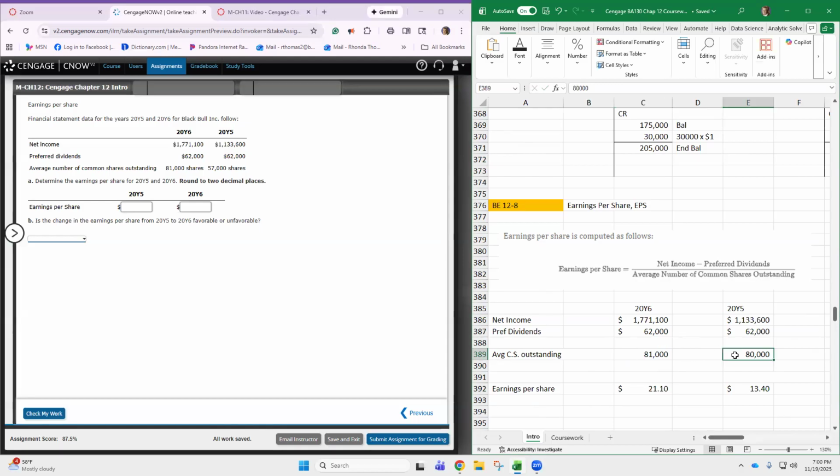And 57,000 for year 5. Okay, now what we do is we add these two together and divide by this. So this is the numerator up here when you add it together and divided by this. So if you add these together, that's the numerator, and divide by the average outstanding shares, you're looking at for year 6 earnings per share of 1880. Okay, 1880 is the value.